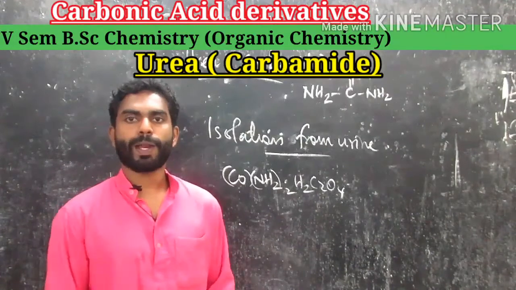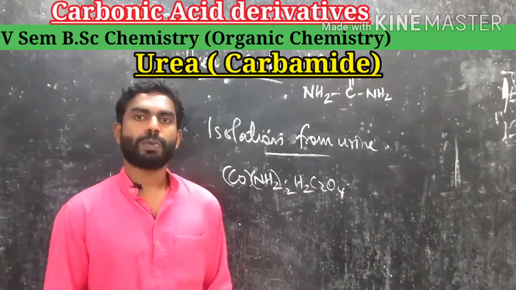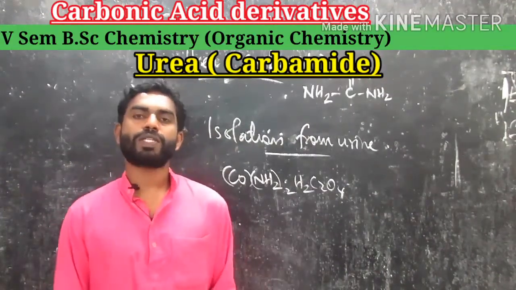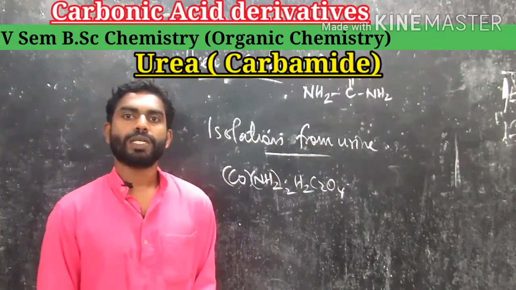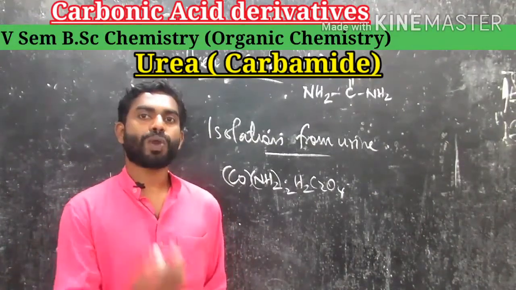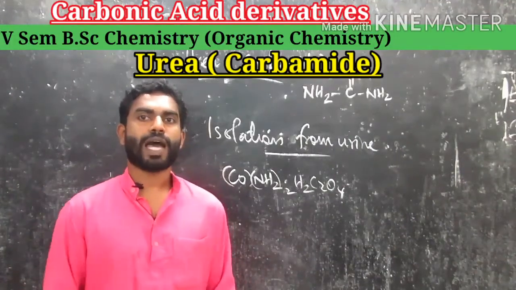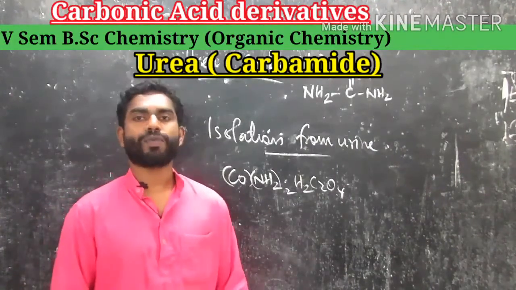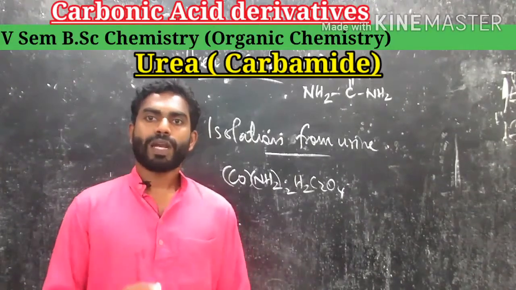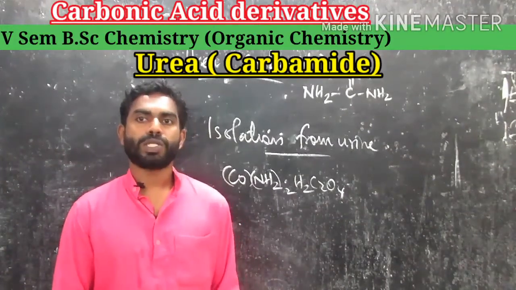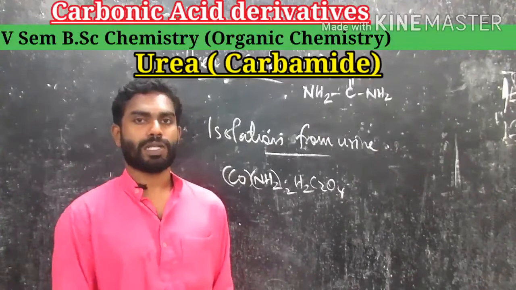So urine is concentrated by evaporation and then treated with oxalic acid solution, precipitating urea oxalate. Then the crystals are filtered and boiled with aqueous calcium carbonate, liberating urea in solution and precipitating calcium oxalate.